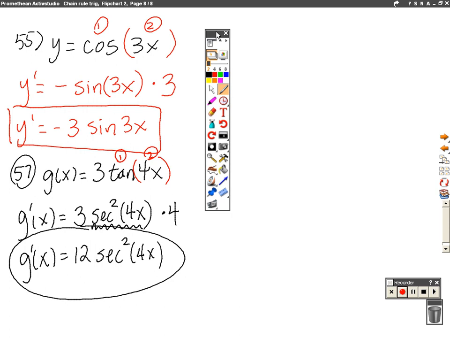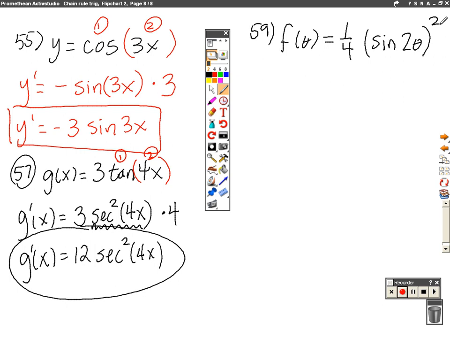59, let's see, what did I ask you to do? Yep. In number 59, we've got f of theta. Make sure you use the variable theta. Now notice what I'm going to do here, and I think I did this incorrectly yesterday, but nobody caught it. When I am moving that square on the sine to the outside, the coefficient of 1/4 is not included because that does not have the power.